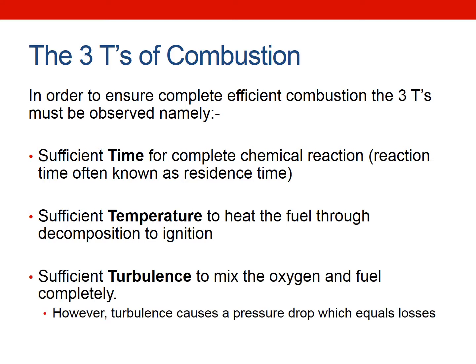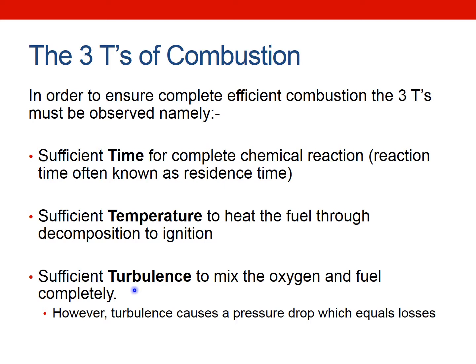And finally, the last one is turbulence. You need sufficient turbulence to mix the oxygen and fuel completely. This is particularly important in terms of emissions control, and this will become clearer as we move through the lecture. But just think of it in practical terms. You can't have all your fuel at one end and all your air at the other end.